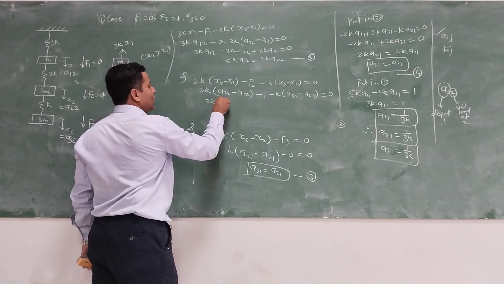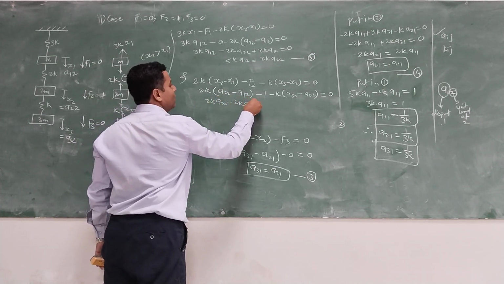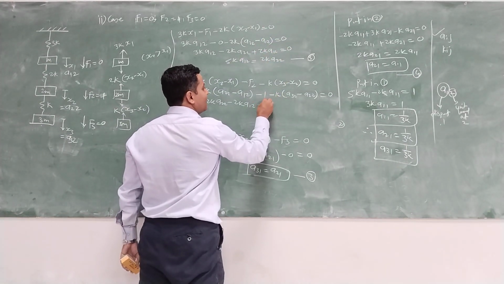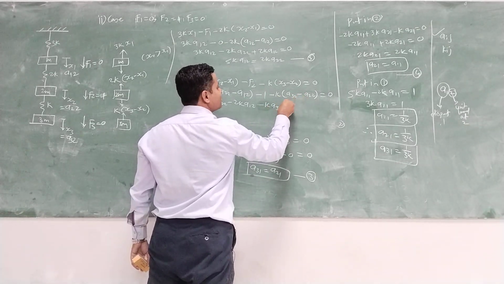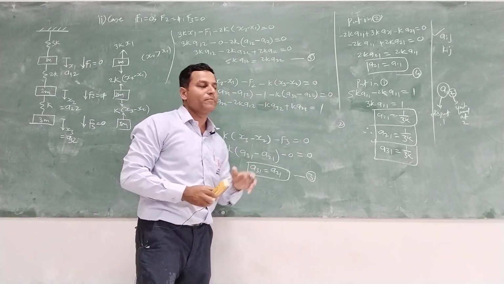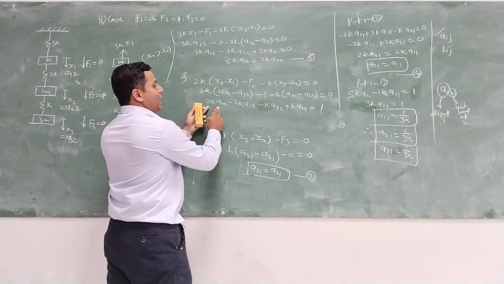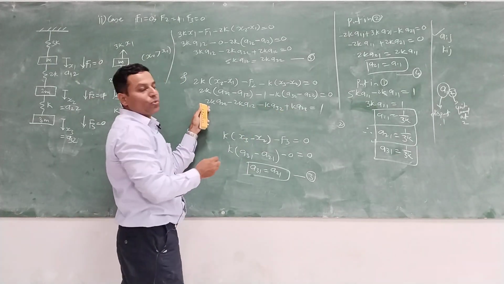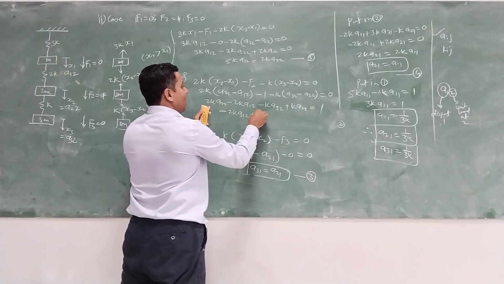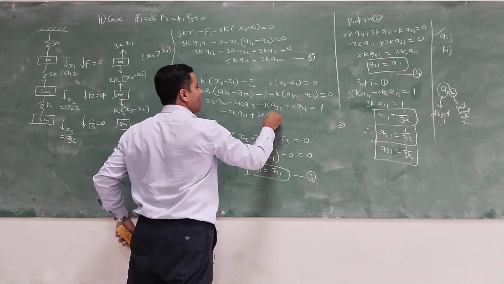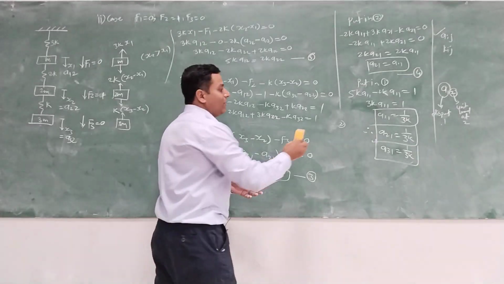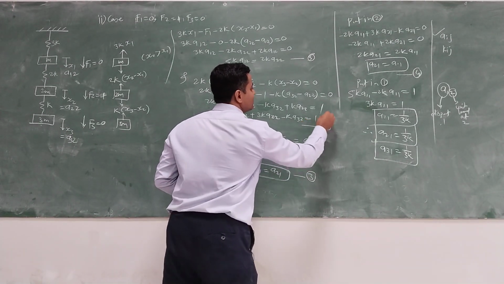So 2k A22 minus 2k A12, minus 1 we will transfer to the right side, minus k A32 plus k A22 equal to 1. Now we'll simplify this one. A22 and A22 together: minus 2k A12 plus 3k A22 minus k A32 is equal to 1, and we'll mark this as equation 6.